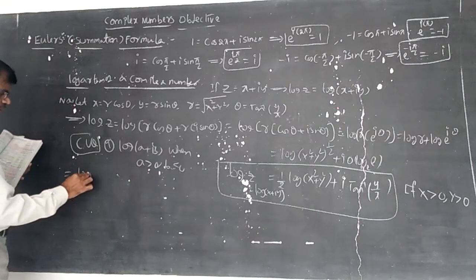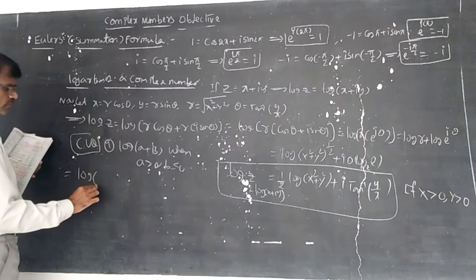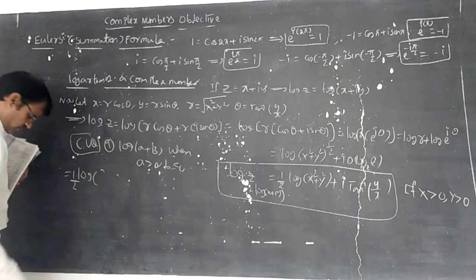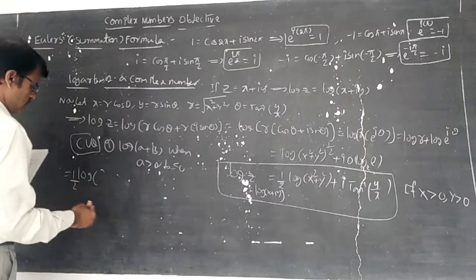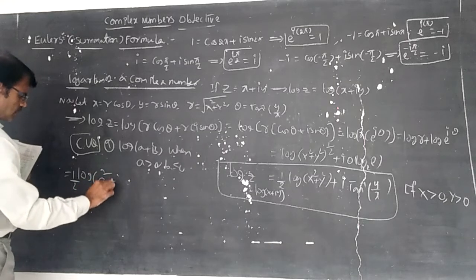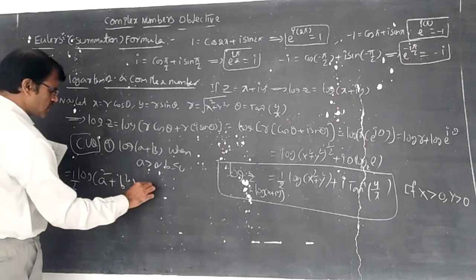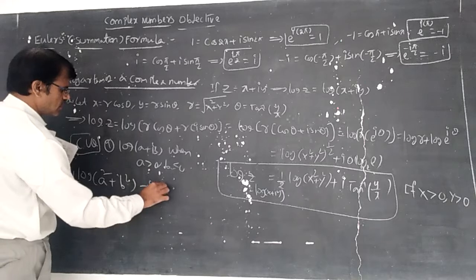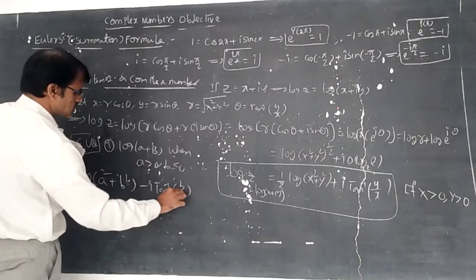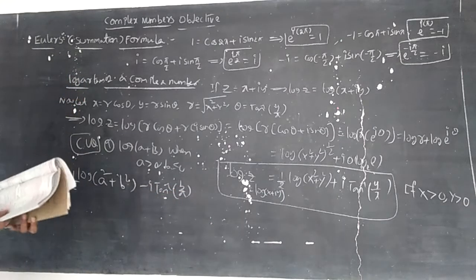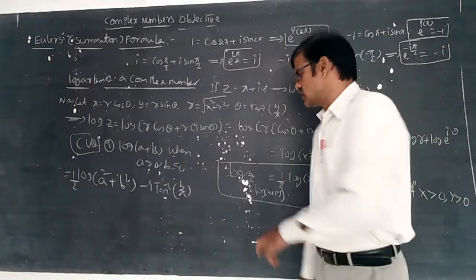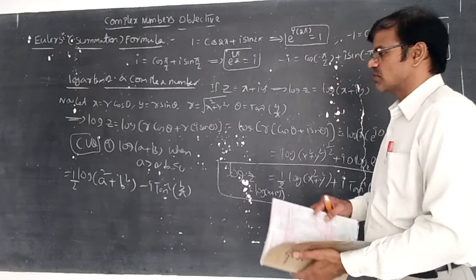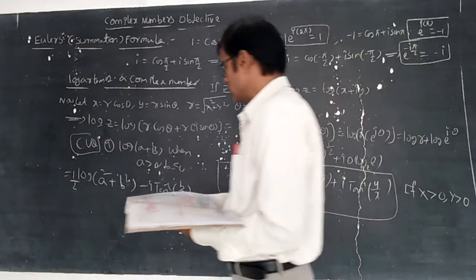Directly you can write this as 1 by 2 into log of a square plus b square minus i tan inverse b by a, because tan is negative in that quadrant. That is why here you should not write plus i tan inverse b by a, that is minus i tan inverse b by a.